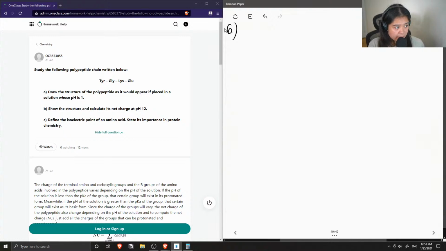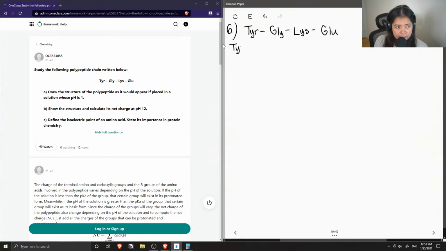So first, let's look at the polypeptide chain that we have. And this is the 3-letter symbols for all of these amino acids. And let's just define what each of these amino acids are. So when we have TYR, this is the tyrosine amino acid.